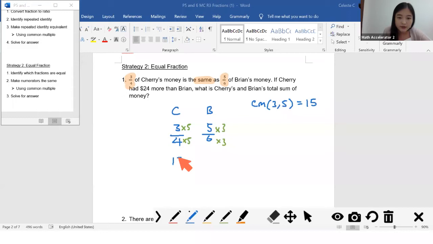So the first one, we have 15/20 and 15/18. Okay, now, so once you've gotten to this step, right, you have to identify that this 20 here is for Cherry and 18 is for Brian.